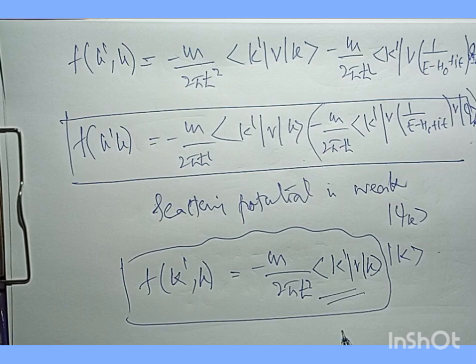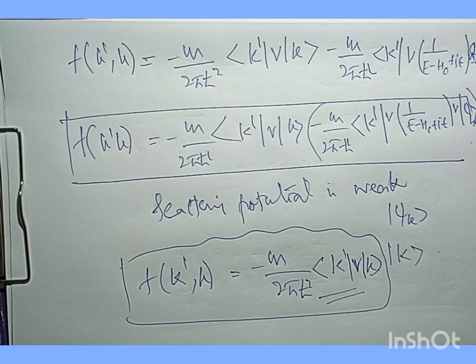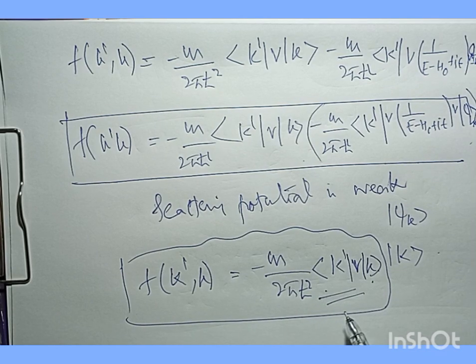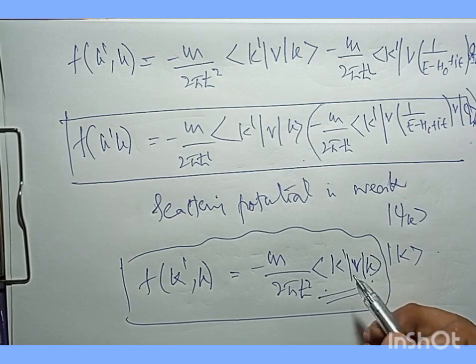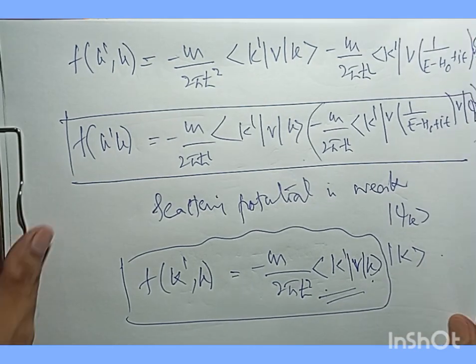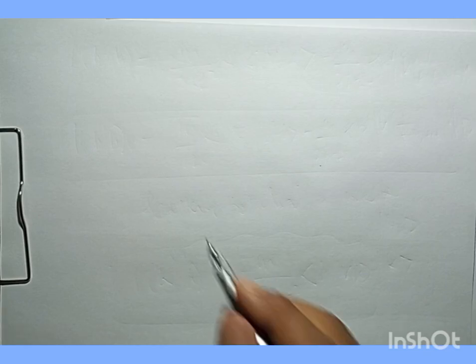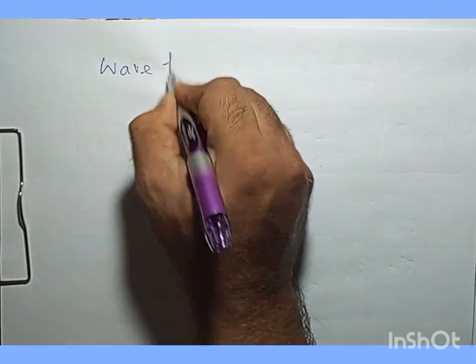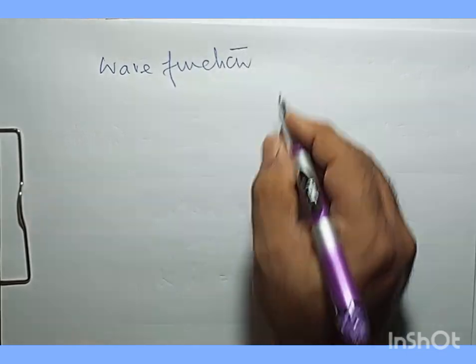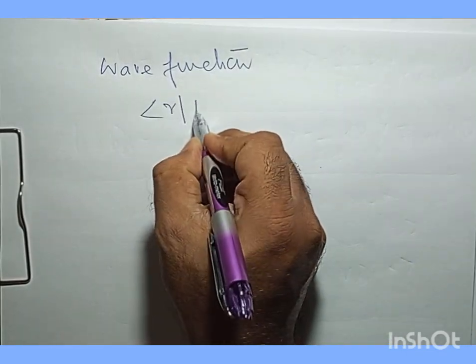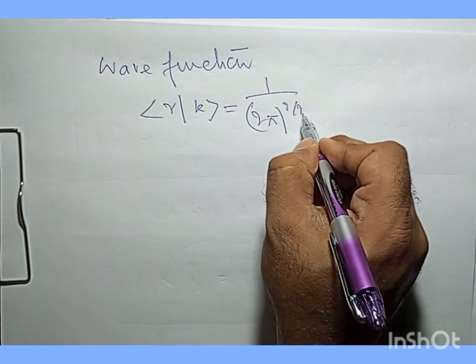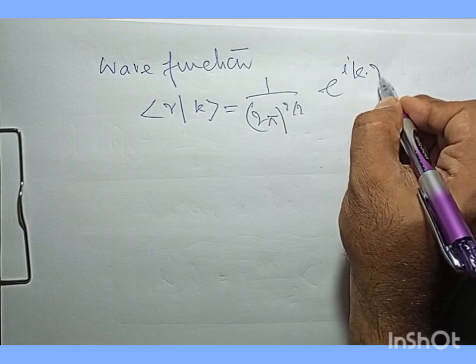And the matrix element of what? It's the matrix element of the potential between the two free states, k and k dash. Now, what are the wave functions for these plane wave states? If I take r as the position, I can write the wave function r k as 1 by 2 pi whole raised to the power 3 by 2 e to the power of i k dot r.